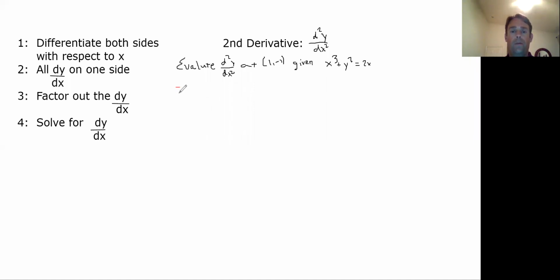Here we go. So we have 3x squared plus, that's a 2y dy/dx. Kind of an ugly 2 there, wasn't it?